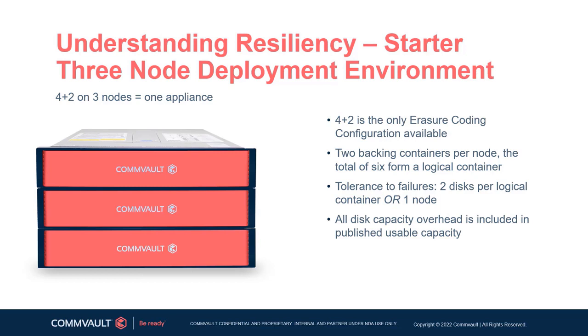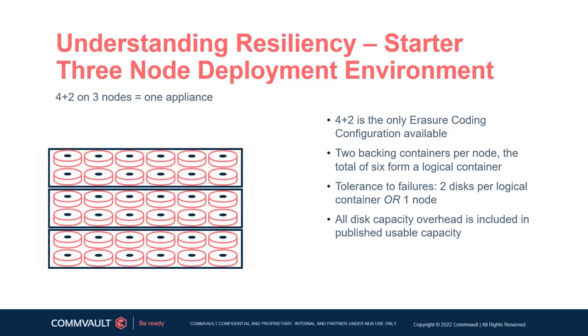To simplify it though, each logical container contains 2 disks per node in this starter deployment, which equals 6 HDDs in total. The containers are not bound to the disk that they are on though, allowing them to move freely within the cluster across whichever 6 disks they find themselves on.